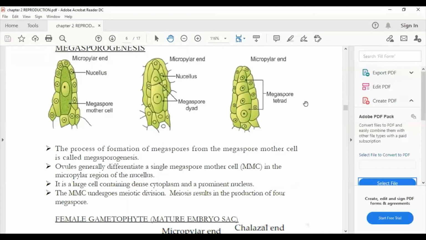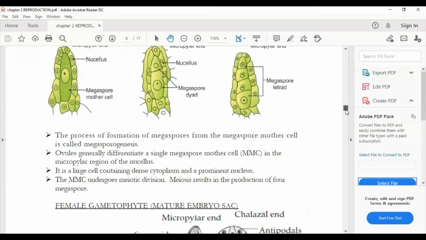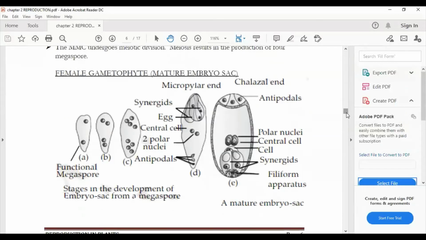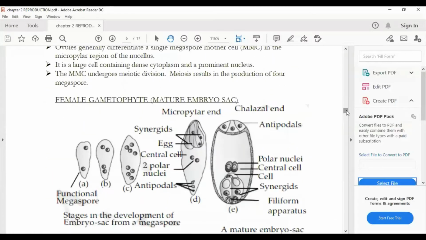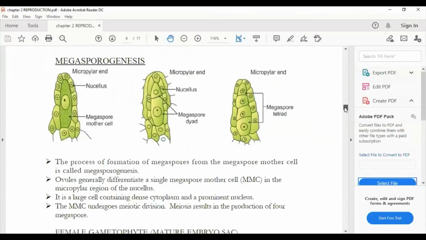Then again division takes place and they become a megaspore tetrad. And followed by this A, B, C, D, E. From the megaspore mother cell till the embryo sac is a complete diagram for megasporogenesis.